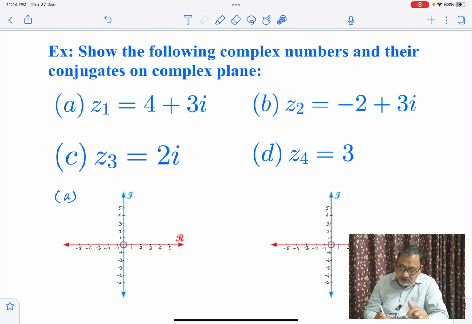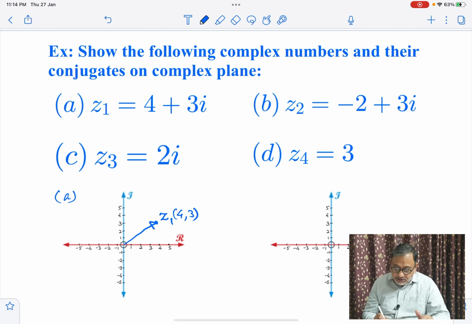So it will be somewhere here, 4 on the real part and 3 in the imaginary part. Okay. So this will be Z1, the point 4 comma 3, and it will be shown by this arrow diagram.